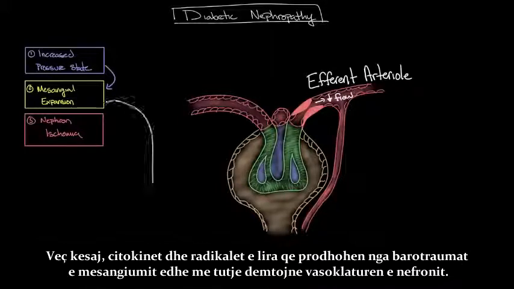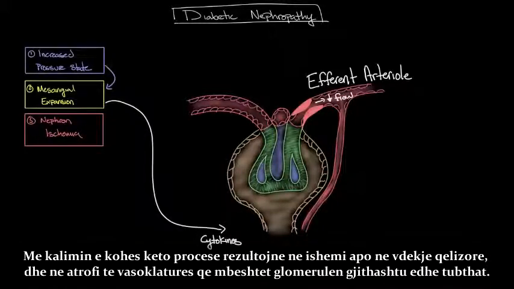And in addition, the cytokines and free radicals produced from the barotrauma to the mesangium further damage the nephron vasculature. And over time, these processes result in ischemia, or cell death, and atrophy of the vasculature that supports the glomerulus as well as the tubules.